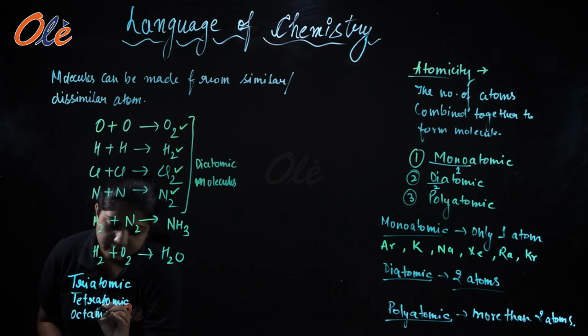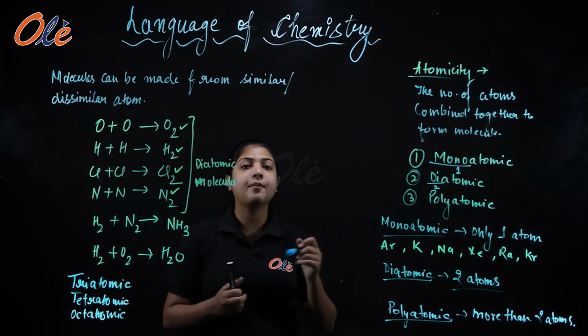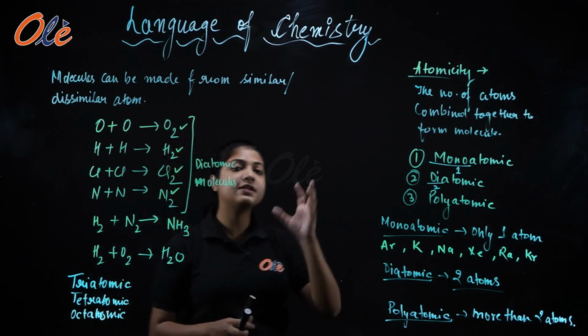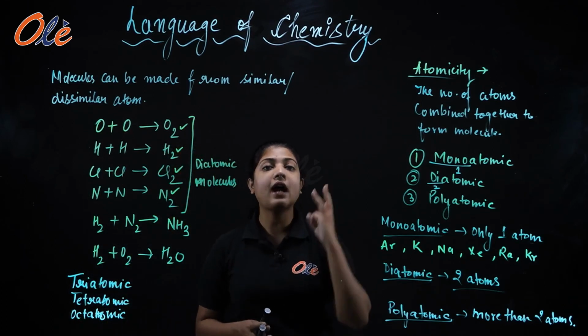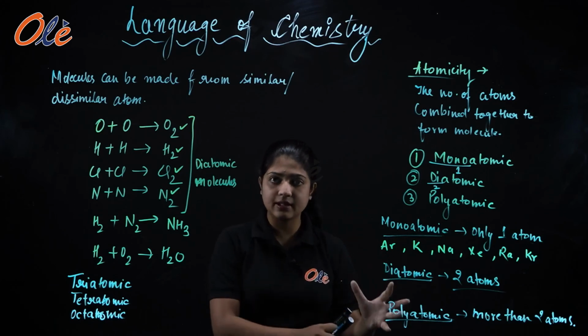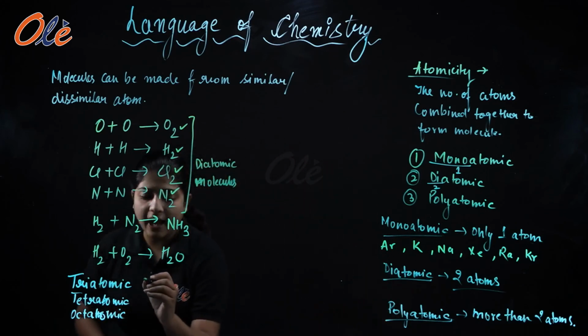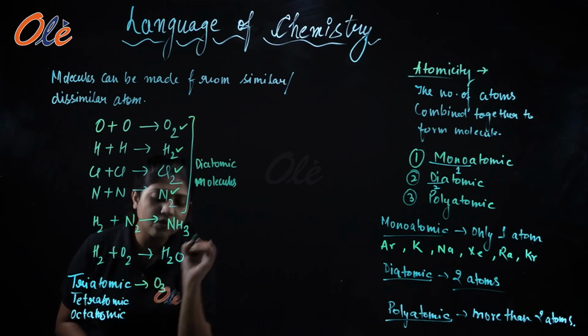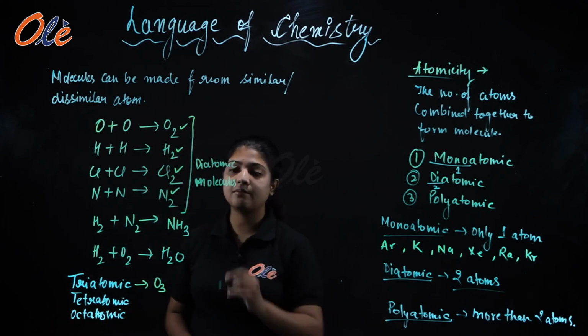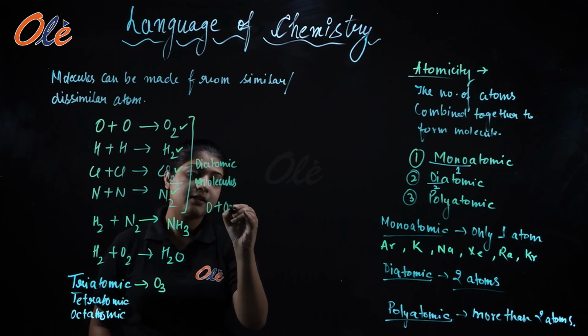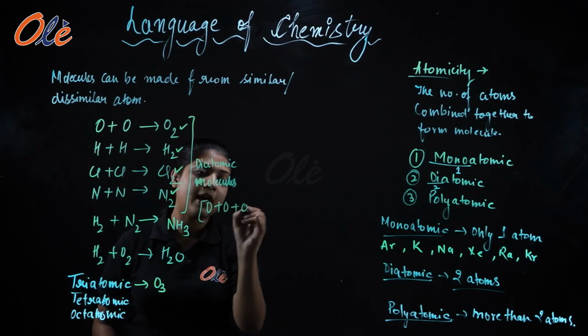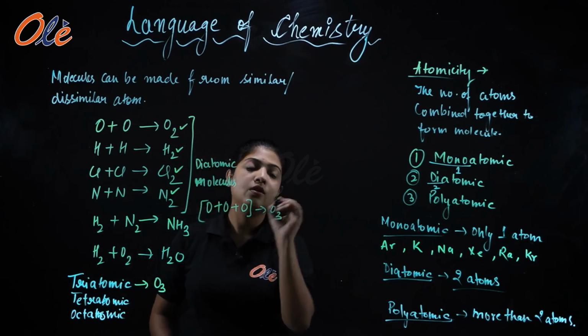Triatomic means there are 3 atoms of a certain element required to make 1 molecule. In case of triatomic, the example can be ozone, that is O3. That means 3 atoms of oxygen are combining together to form ozone, right?